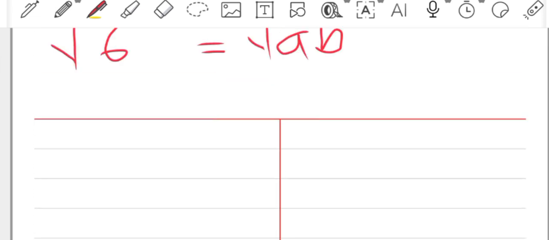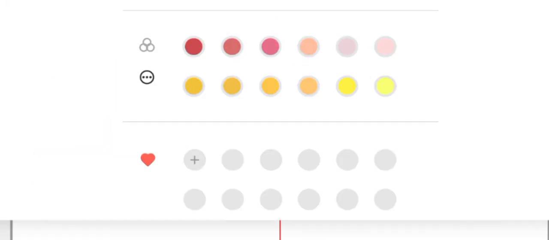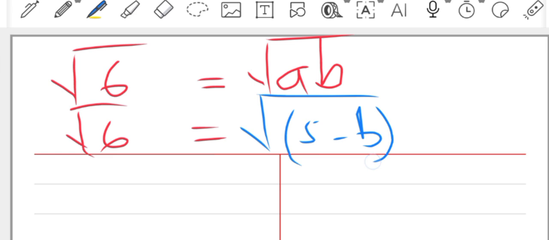Our a is equal to 5 minus b, so for root 6, we insert it into this part of the equation: 5 minus b, multiplying our b.